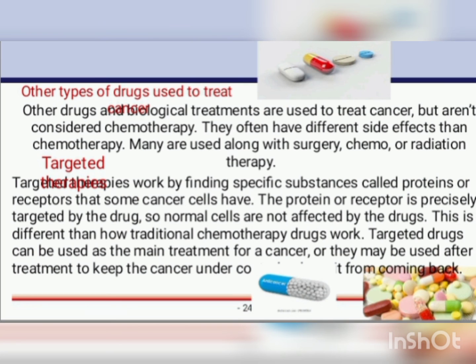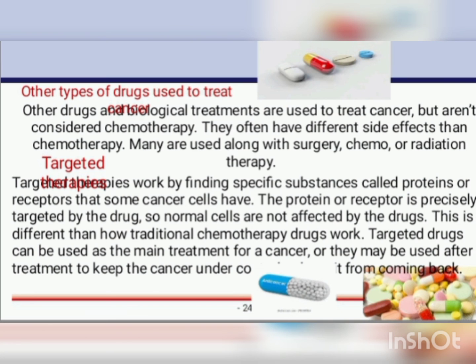Other types of drugs used to treat cancer are biological treatments, which are not considered chemotherapy. They often have different side effects than chemotherapy. They may be used along with surgery, chemo, and radiation therapy. Targeted drugs work by finding specific substances called proteins or receptors that cancer cells have.